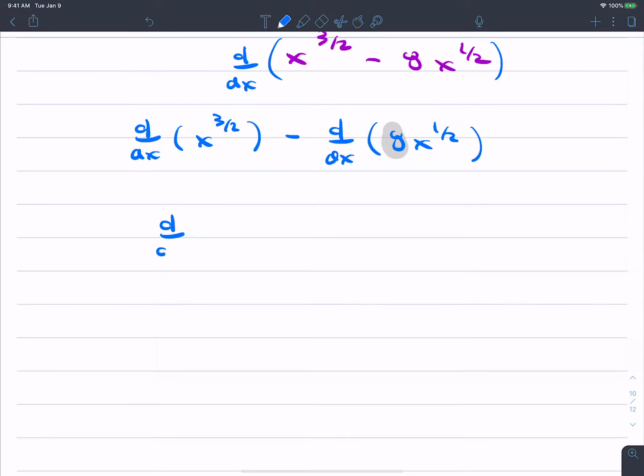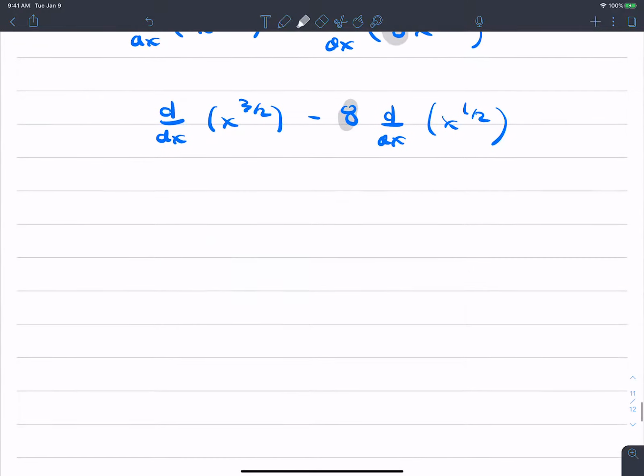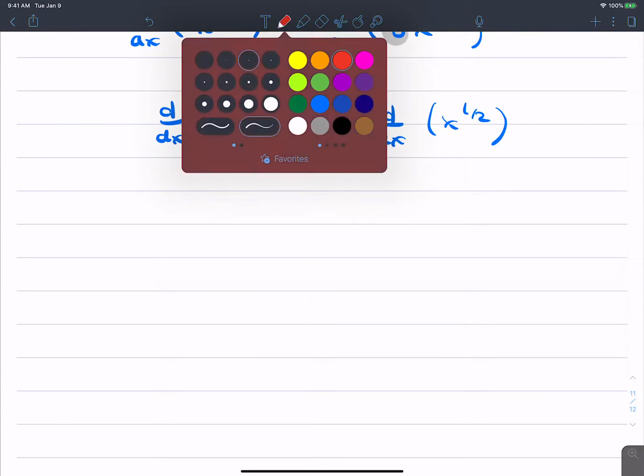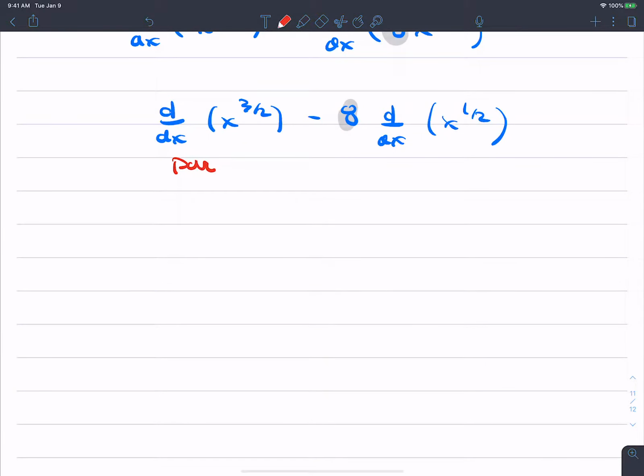So, you know, this is all the properties. We pulled out the constant, ladies and gentlemen. Okay, power rule now for both of these. Say why? Because you have a power, x to the 3/2, x to the 1/2.